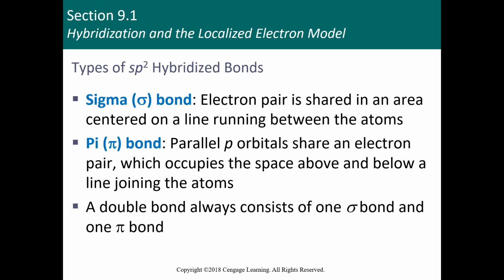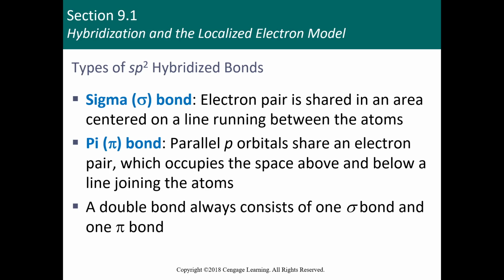So sort of passing along to the side, right? And so parallel p orbitals can share electron pairs, which then occupies the space above and below the line joining the atoms. And so when we talked about those double and triple bonds, well, if you thought a little bit, then they didn't make sense without this, did they?